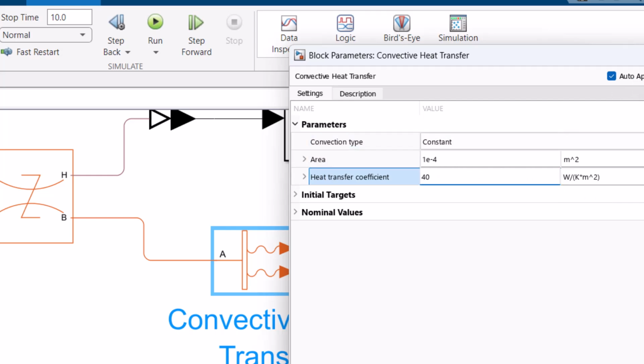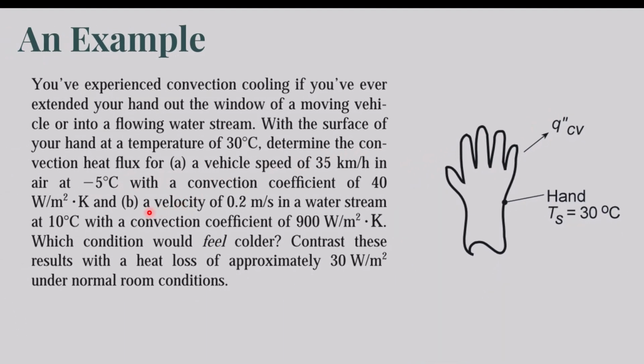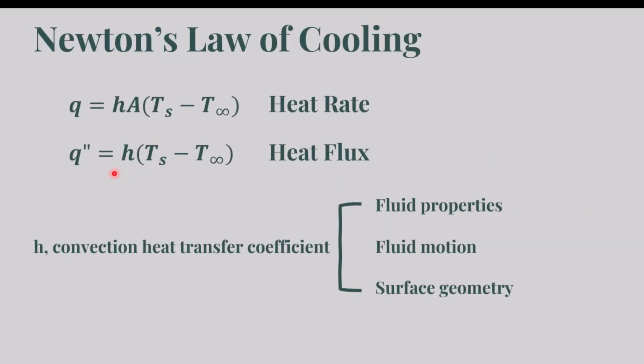And how about the area? Since the problem asked me about the convection heat flux, I know that the area has to be equal to 1. So the heat flux is the same as heat rate, but only it has been divided by area. And if you compare the two formulas, if instead of A, I write 1, and I take the area to be equal to 1, then I'm going to have heat flux.